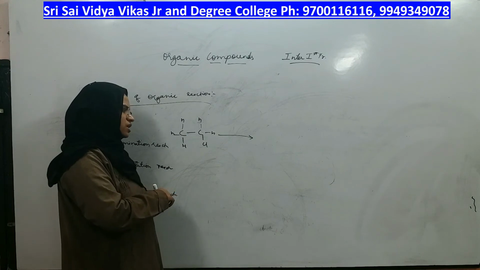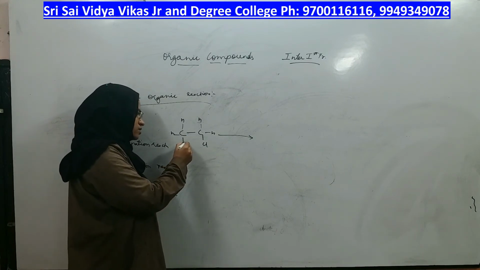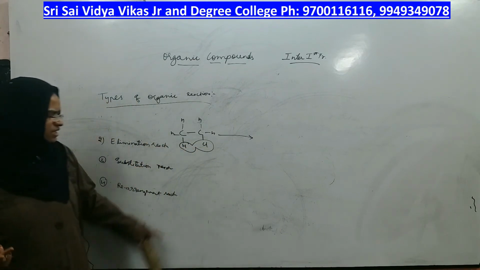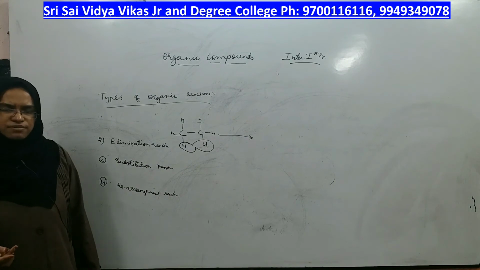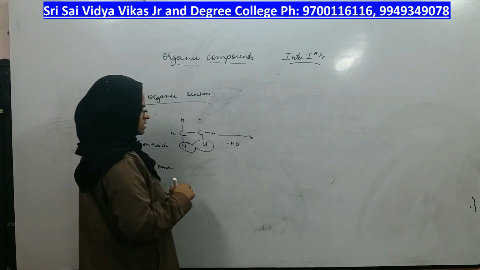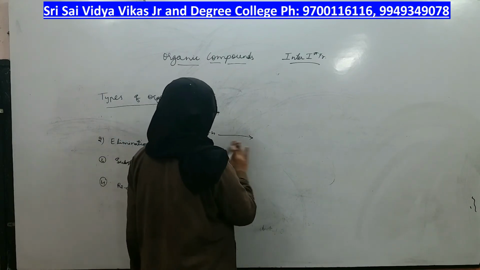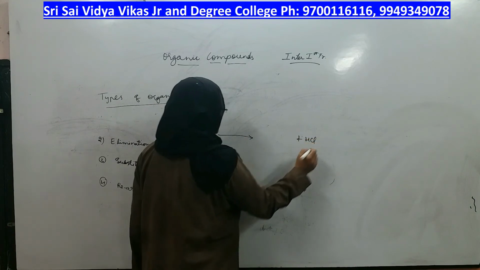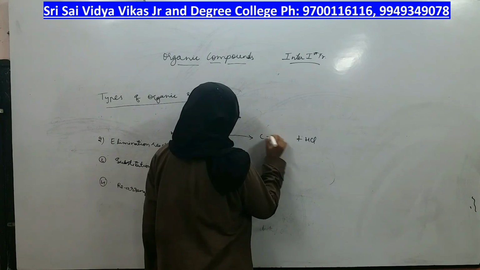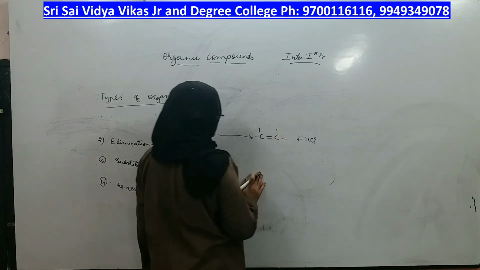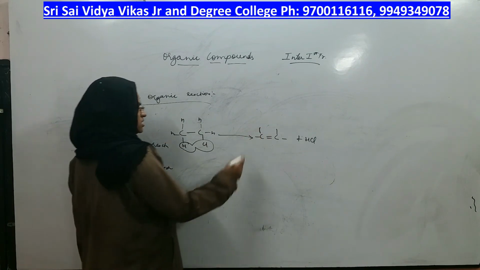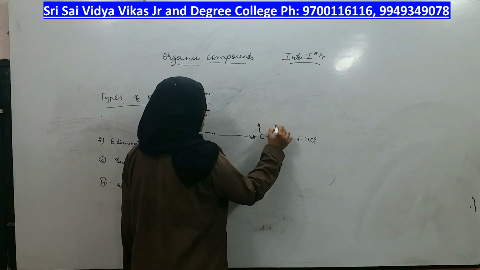From the substrate, if you eliminate a small molecule, what is the small molecule you are eliminating? HCl is the small molecule you are eliminating. If you eliminate a small molecule from the substrate, you will get the product in which a new pi bond is formed.